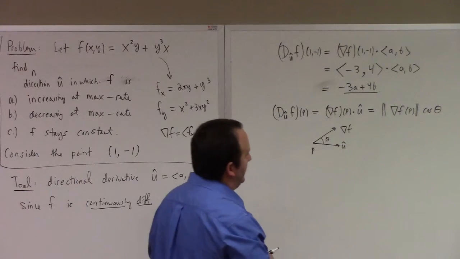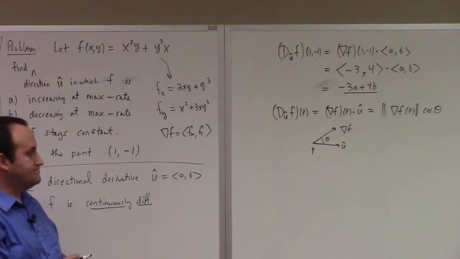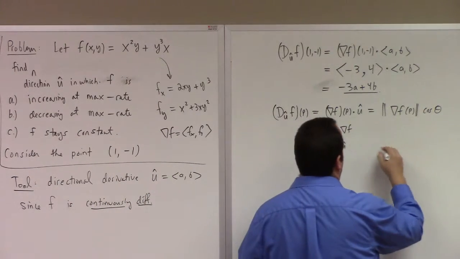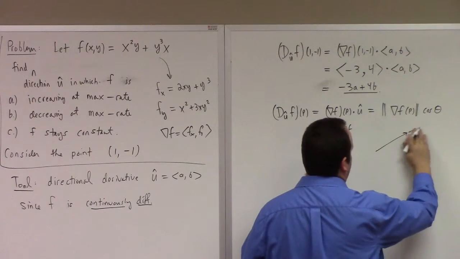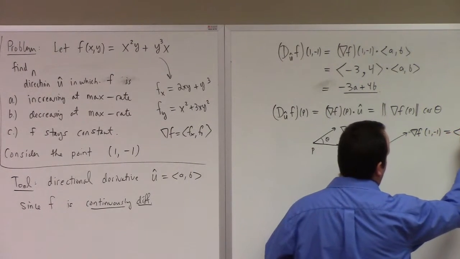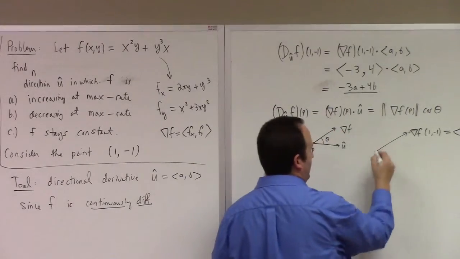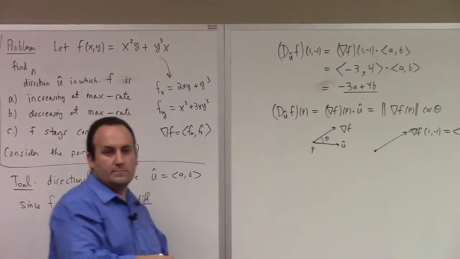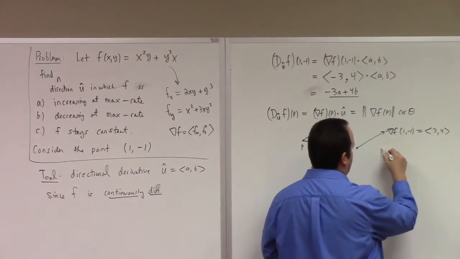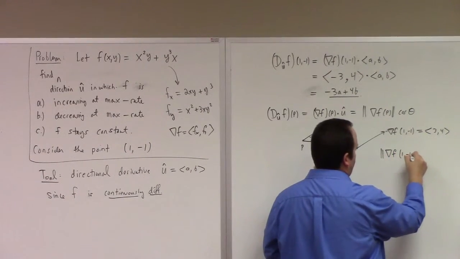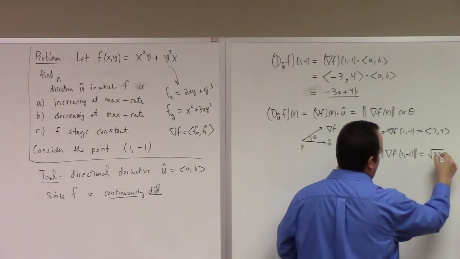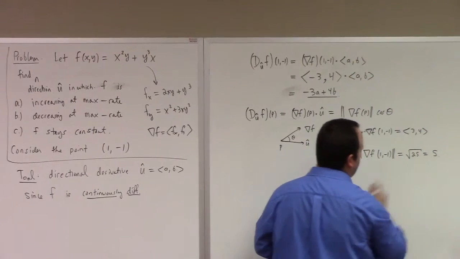So how do we figure that out? We already have right here that the gradient of f at our point is 3, 4, right? And the length of the gradient, you just told me, is 5. It's the square root of 25, which we recognize as 5.